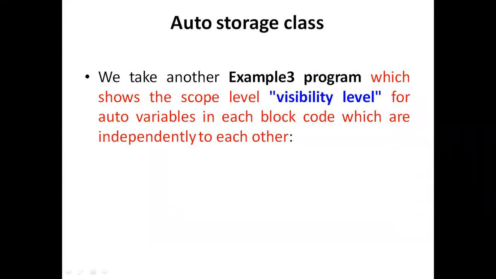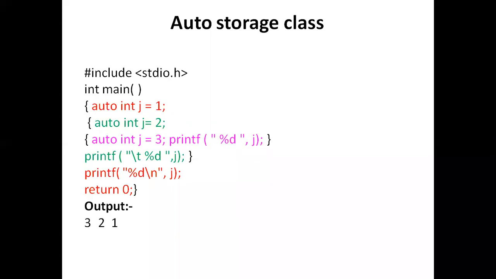All of you listen carefully here. I have opened a block. Here I have declared auto int j is equal to 1, and the scope of the j variable has started here. Again we open one more block, and inside that I declare auto int j is equal to 2.